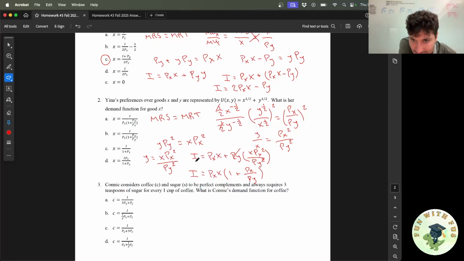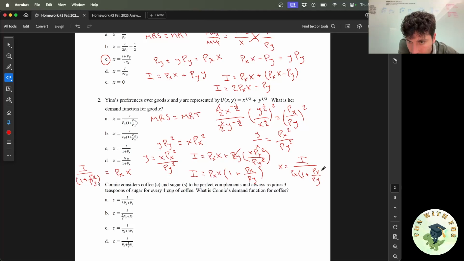From here, I'm trying to isolate x, so we can just divide the 1 plus px over py, and that's equal to pxx. And for my final coup de grace, I am going to go x is equal to income divided by, and then I'm just going to take that px from over here and divide it over 1 plus px over py.